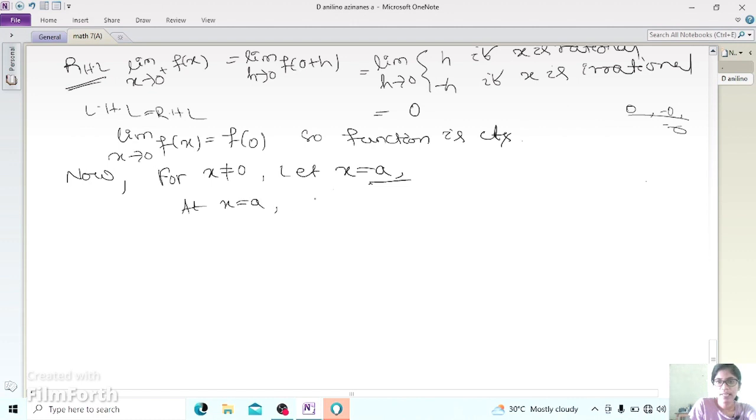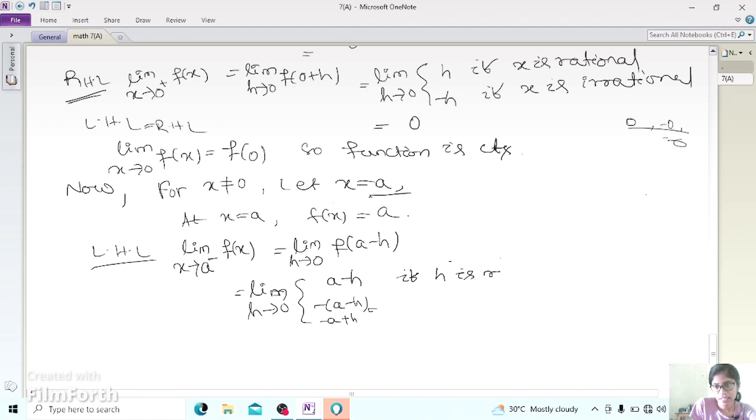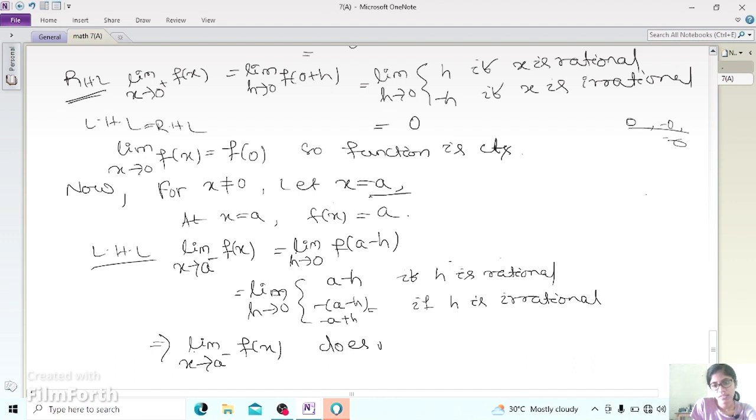At x equal to a, f of x is defined depending on whether h is rational or irrational. That implies limit x tends to a minus f of x does not exist.